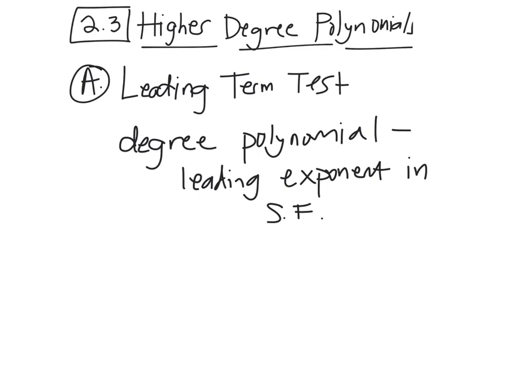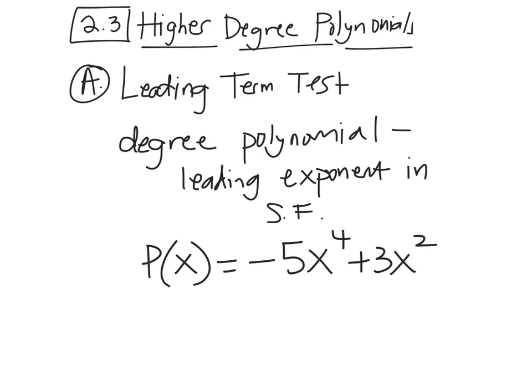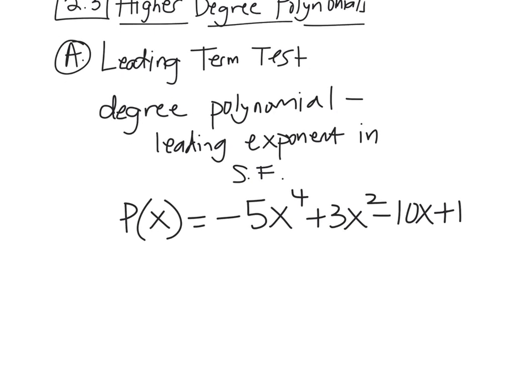For example, if you had p of x equals negative 5x to the fourth plus 3x squared minus 10x plus 1, just made that up, that would be a polynomial. It has 4 terms, and it has degree what? Degree is 4. It's a 4th degree polynomial. Okay, it's a quartic. You don't have to know those words, but you do need to know it's 4th degree.